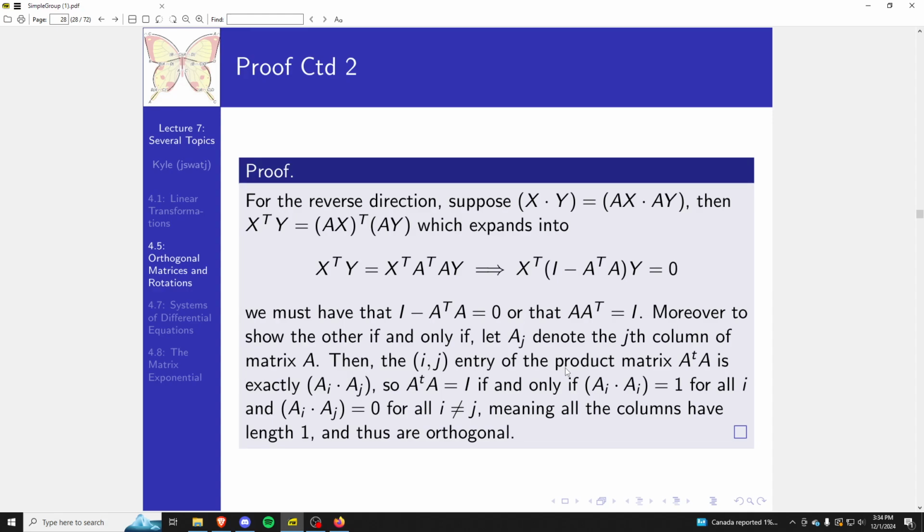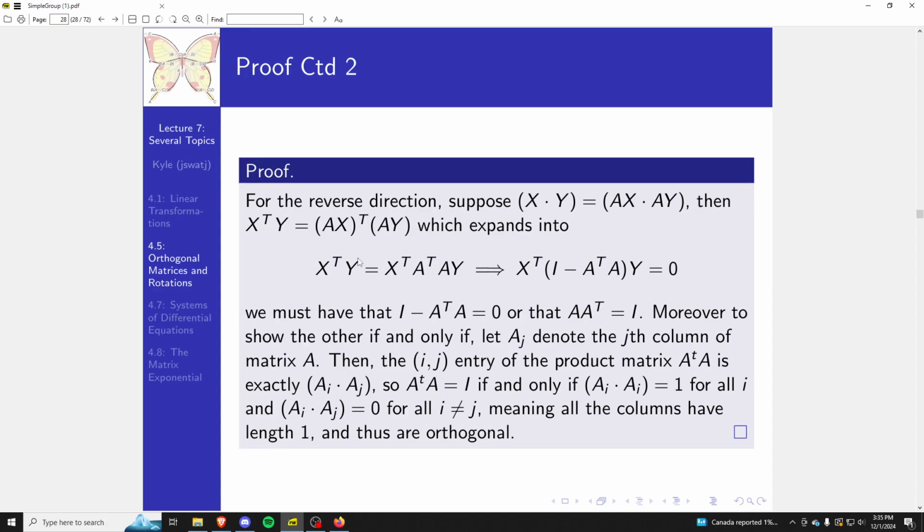For the reverse direction, we assume that we preserve dot product, and then going towards A being orthogonal, we would suppose that dot product is preserved under A, and then start with this expression here, which we can expand into this from this definition here. And so when we expand this, we get the same kind of result, but we don't know that A is orthogonal yet, so we can't break this down.